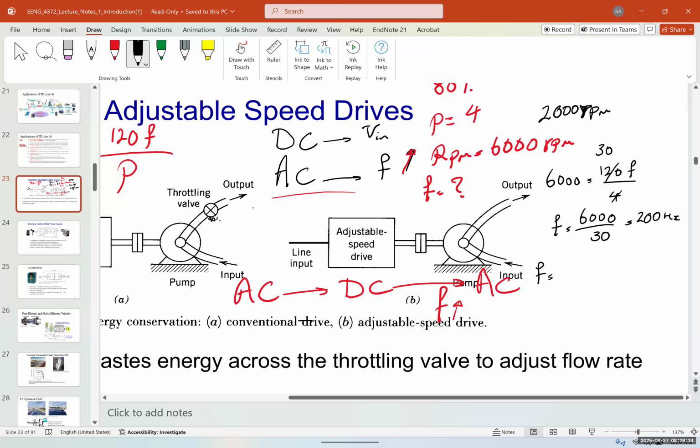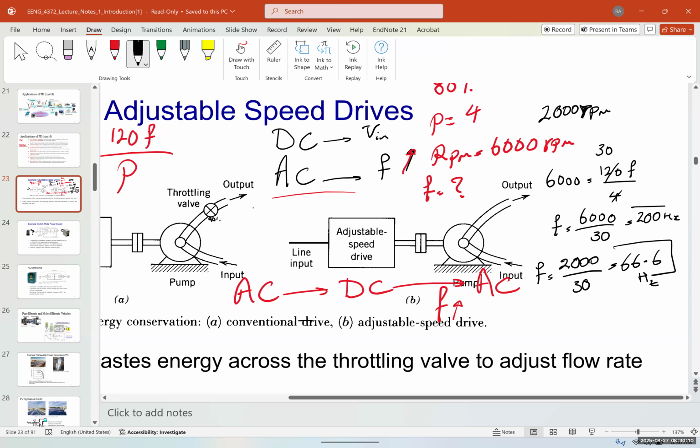What would F be? So 2,000 divided by 30 is going to be 66.6 hertz.